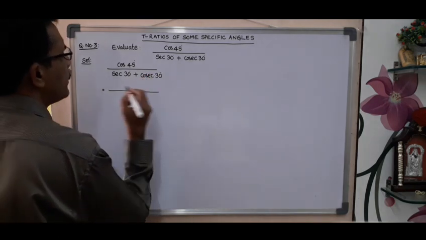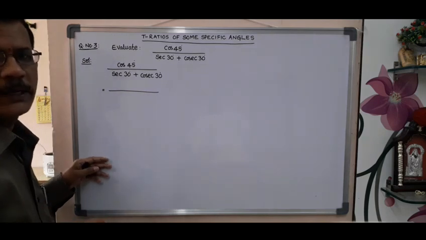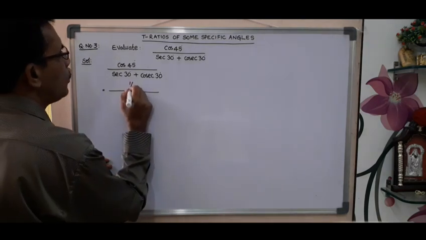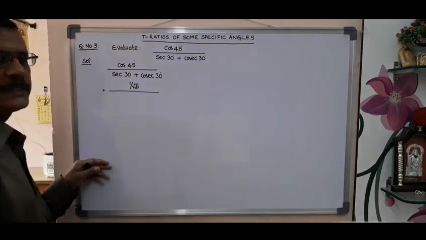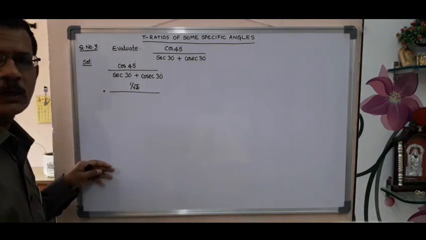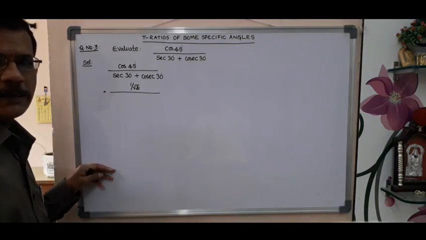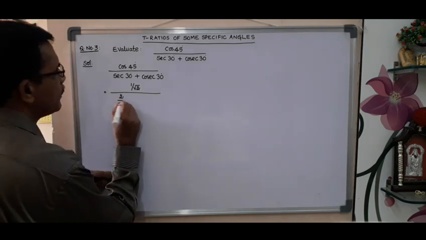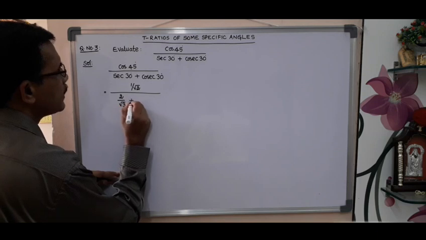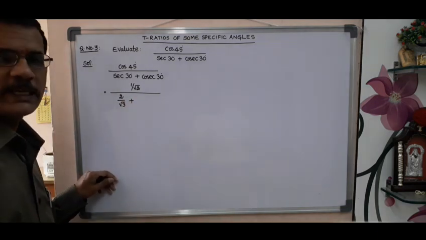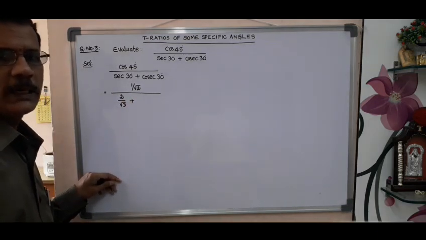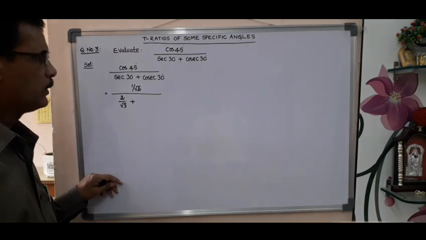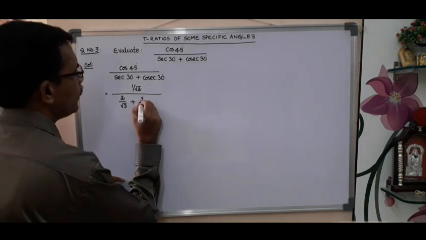From the table, cos 45 value is 1 by root 2. Secant is the reciprocal of cos. Cos 30 value is root 3 by 2, so secant 30 is 2 by root 3, plus cosec. Cosec is the reciprocal of sin. Sin 30 degrees is 1 by 2, so cosec 30 is 2 by 1.